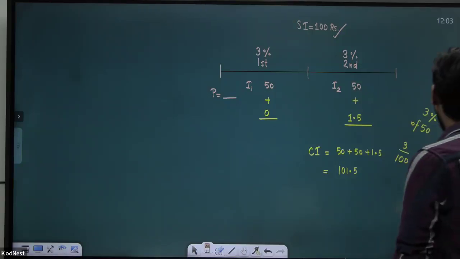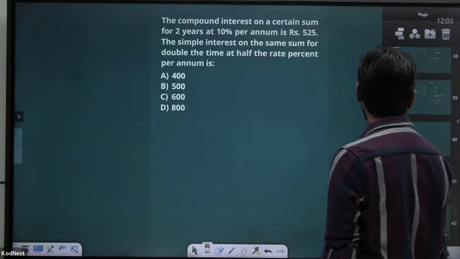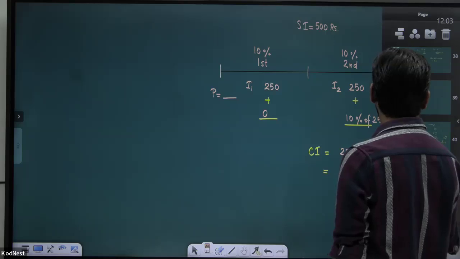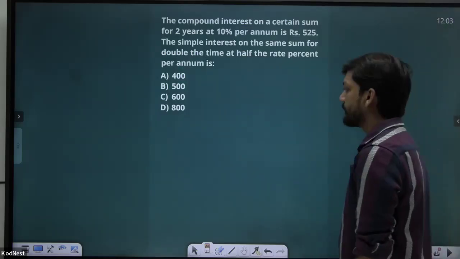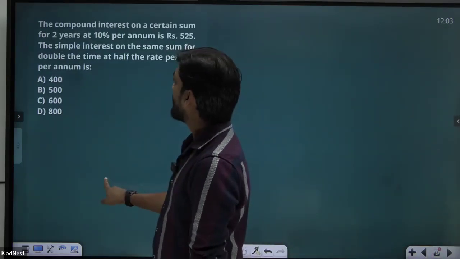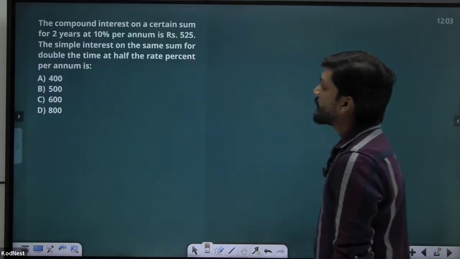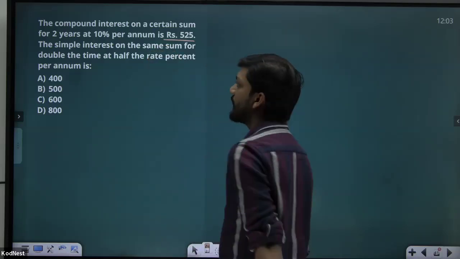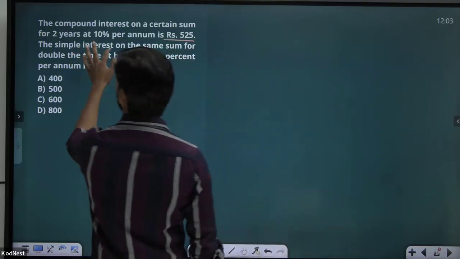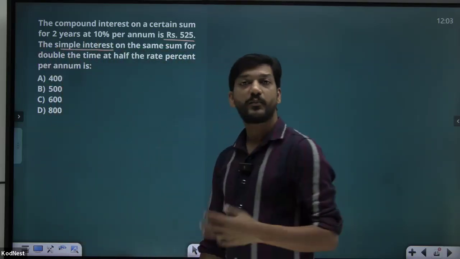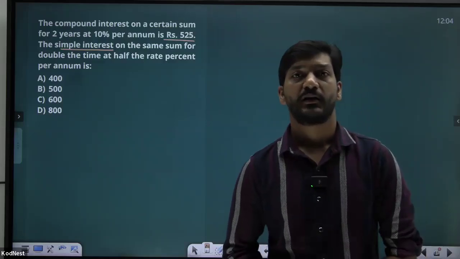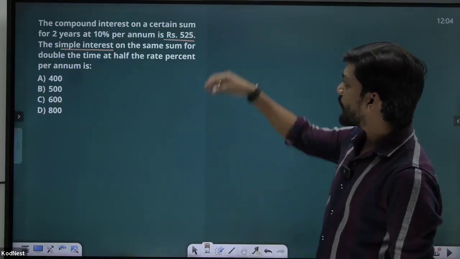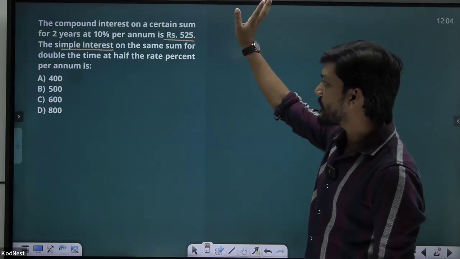Okay, let's take one more question, just the last one. We have already solved it. Compound interest is already given, and they are asking for the simple interest. So going opposite is not possible; calculating simple from compound is not possible. 525 is your compound interest.